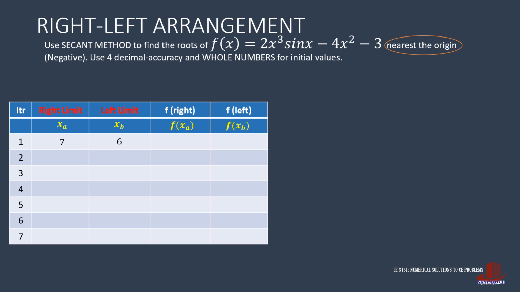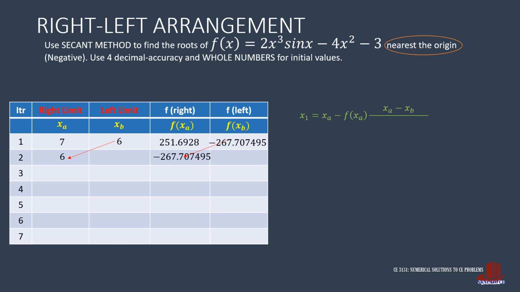So the respective functions are 251.6928 for xa, and f of xb is negative 267.707495. Start iterating by sliding values. So xa is 6, and f of xa is negative 267.707495.